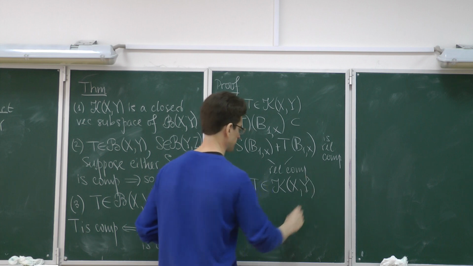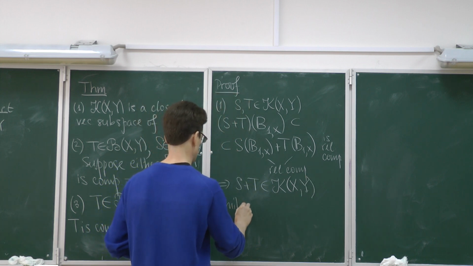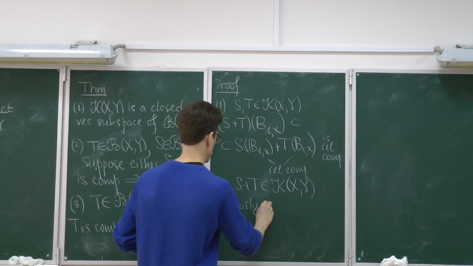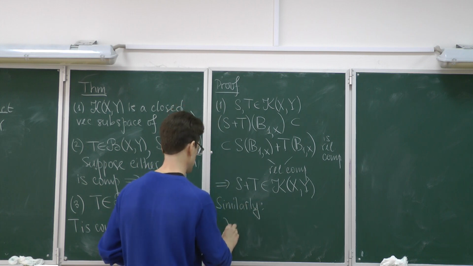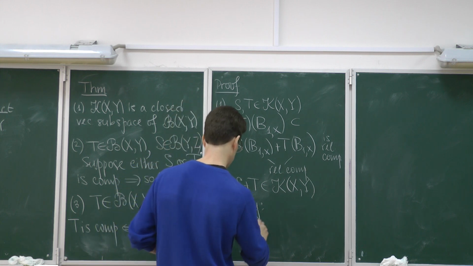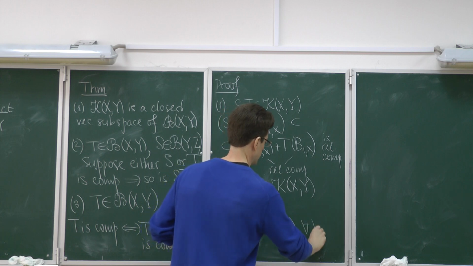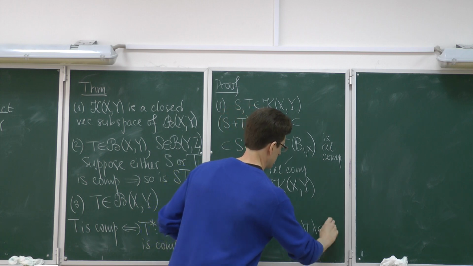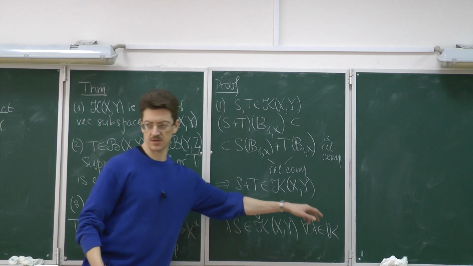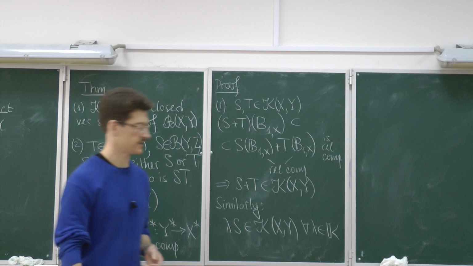And similarly, we show that the product of a compact operator by a complex number is compact for each scalar lambda. So as usual, bold K denotes our base field, which is either the field of real numbers or the field of complex numbers.